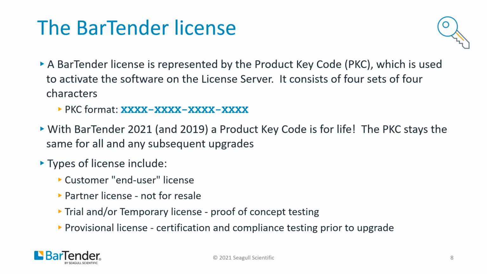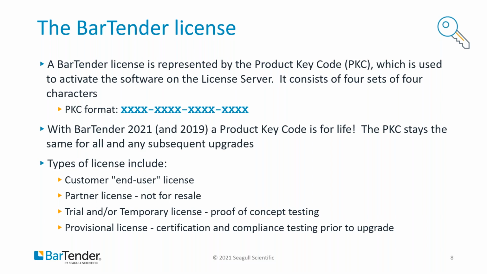Well, the BarTender license is represented by what we call a product key code. And this is used to activate the software, specifically in the license server section of the administration console.